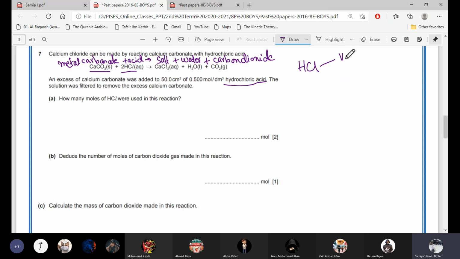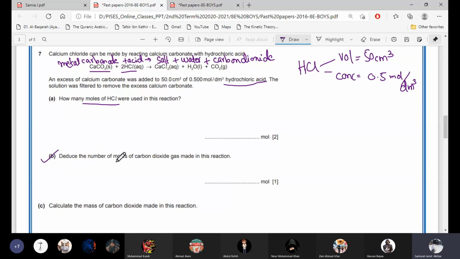About HCl, the volume is given, 50 cm cube. The concentration of HCl is given, 0.5 mol per dm cube. They're asking you about the moles of HCl, and which formula will we use? Concentration into volume. Very good.